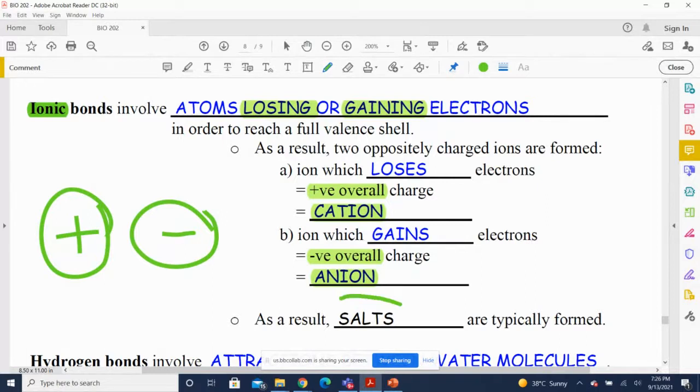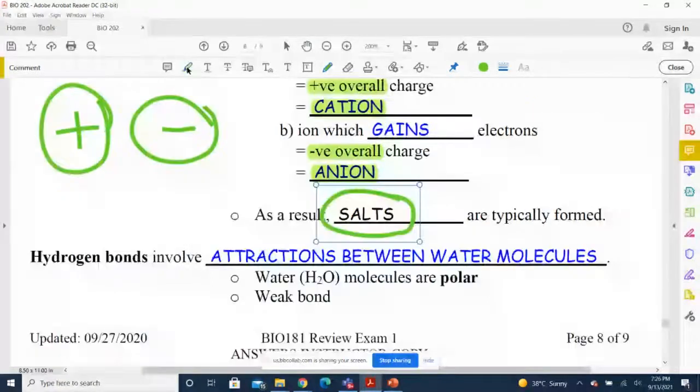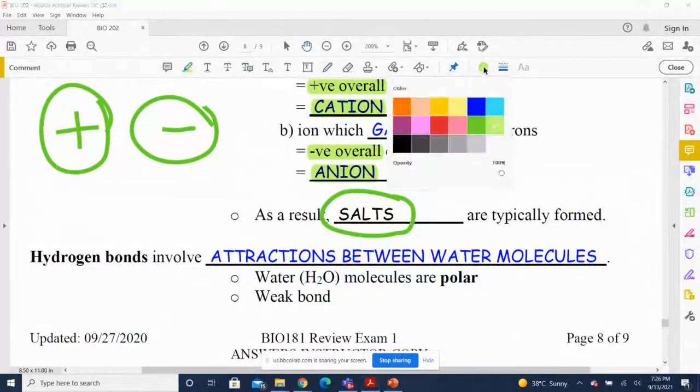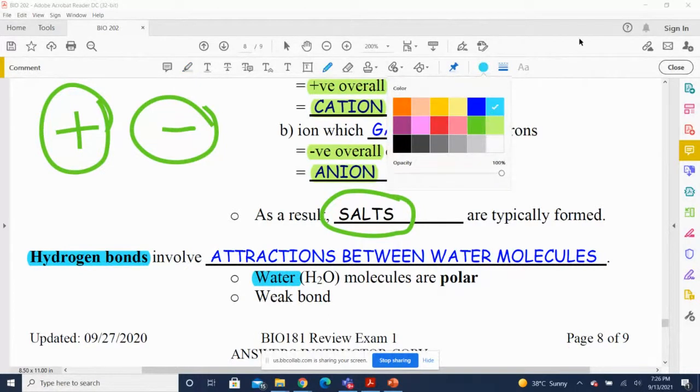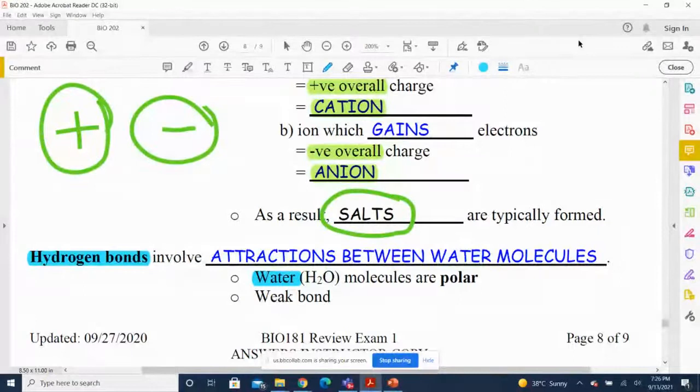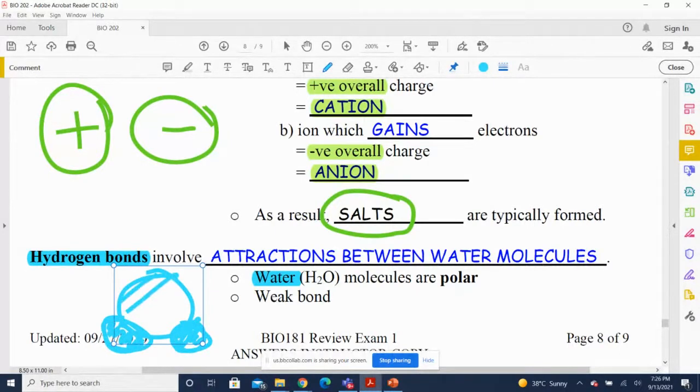And finally, the last type of bond that I wanted to mention to you is the hydrogen bond. Hydrogen bonds are really a special case, and that's because water is so important for us that we have really taken this into its own group. What happened here is that we had a covalent bond between two hydrogens and one oxygen.